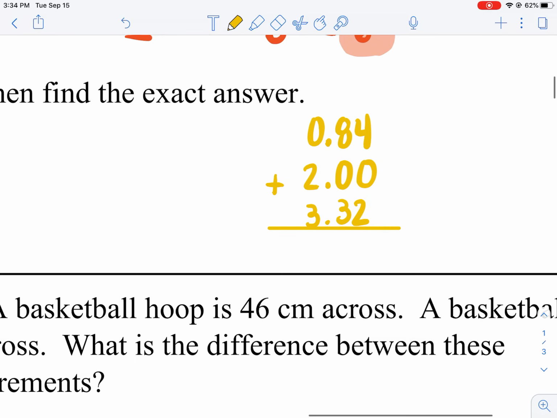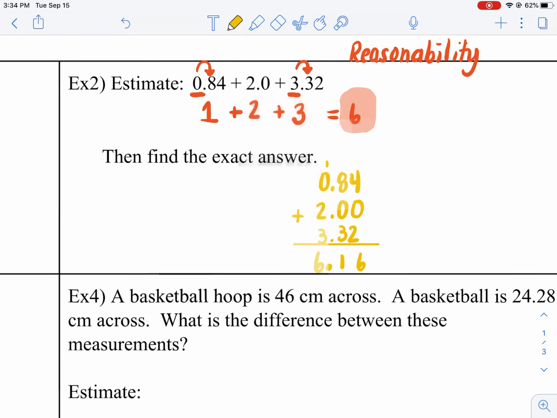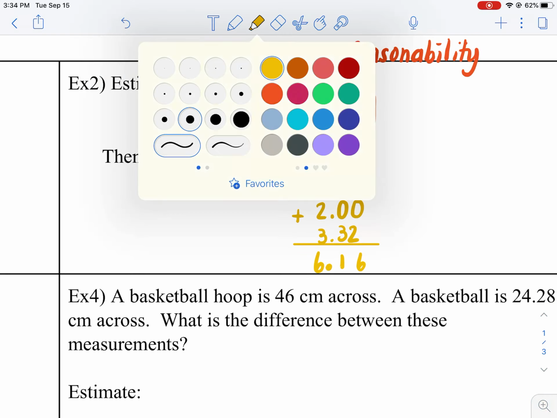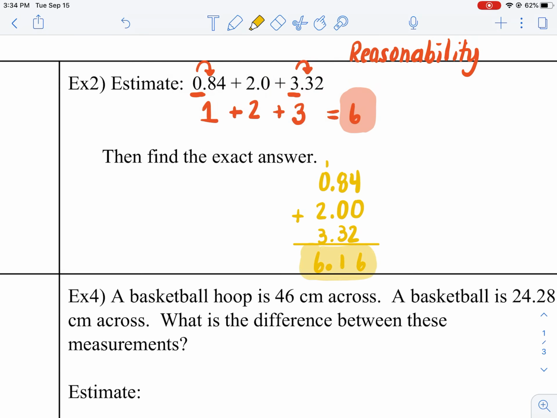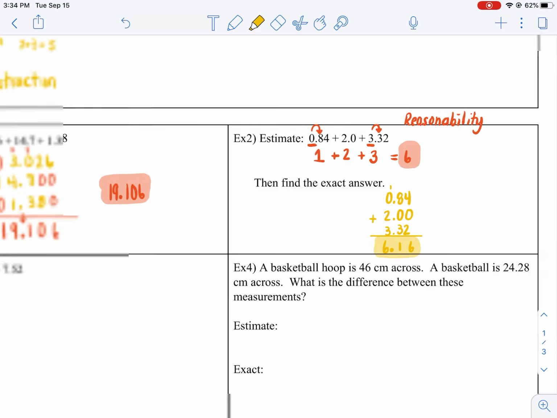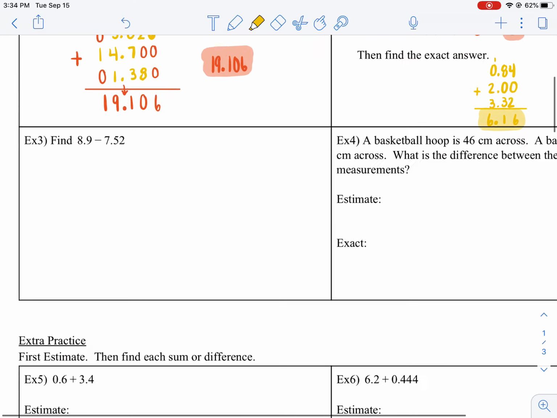So we have 4 and 2, which is 6, 8 plus 3, which is 11, so 1, carry the 1, 3, 4, 5, 6, and then bring down our decimal. So our answer here is 6.16, and that's very close to our estimated answer, which was 6. So that's reasonable.